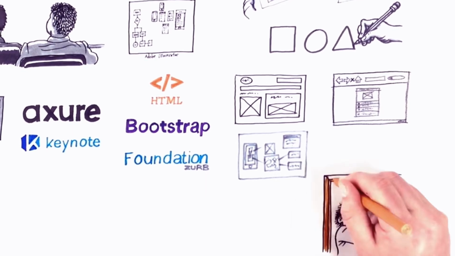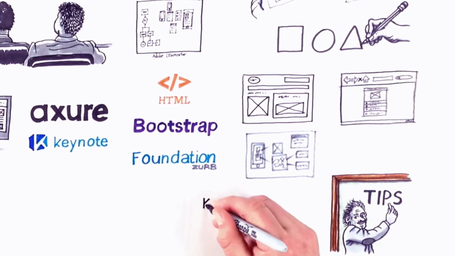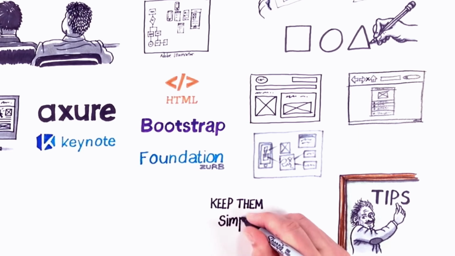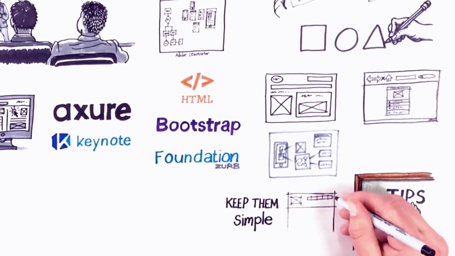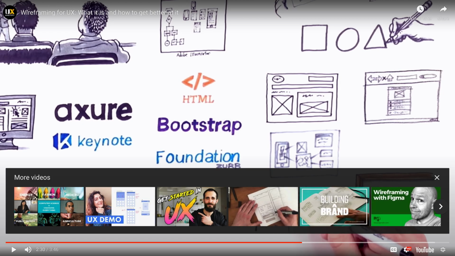So here are a few practical tips to keep in mind when you're wireframing. 1. Keep them simple. The key to wireframing is speed and simplicity. You are not deciding what the app's going to look like right now. We're not even thinking about that yet.